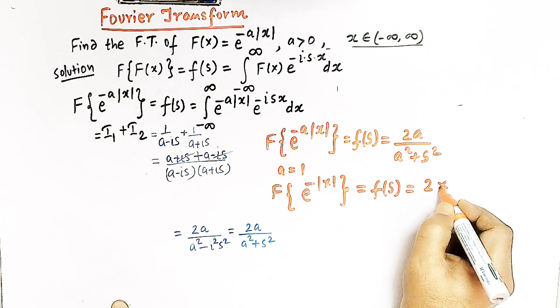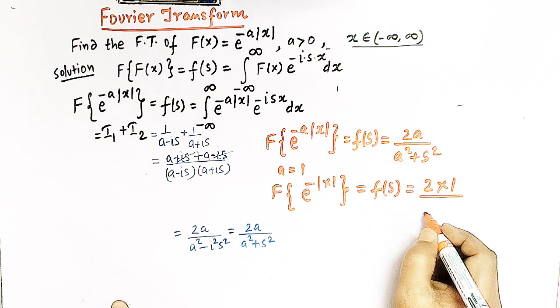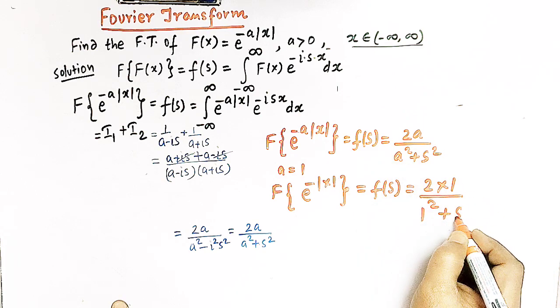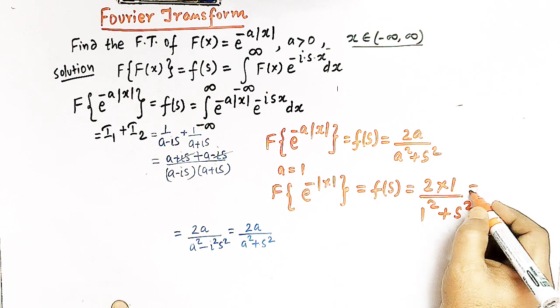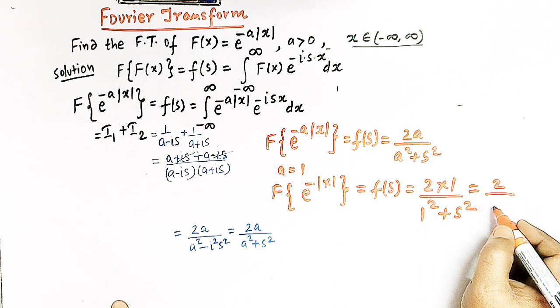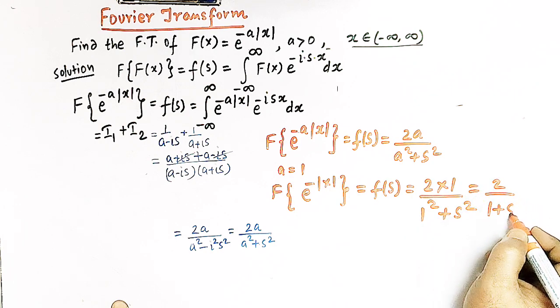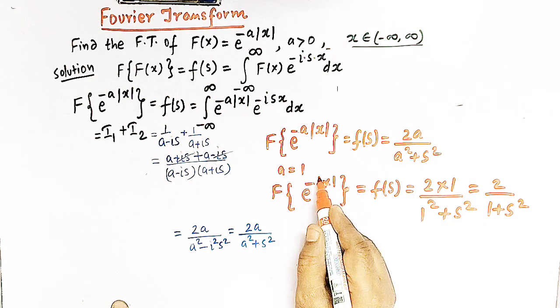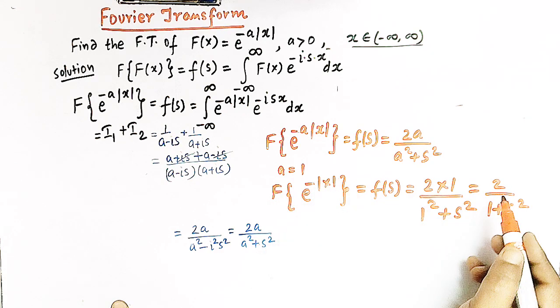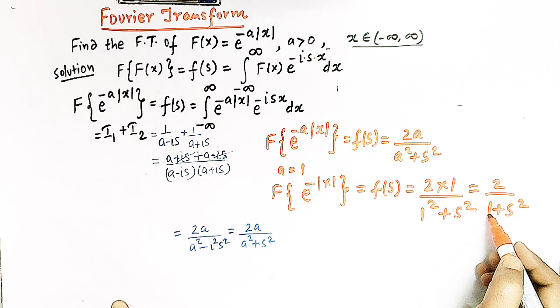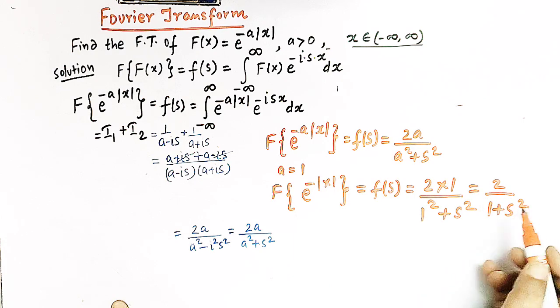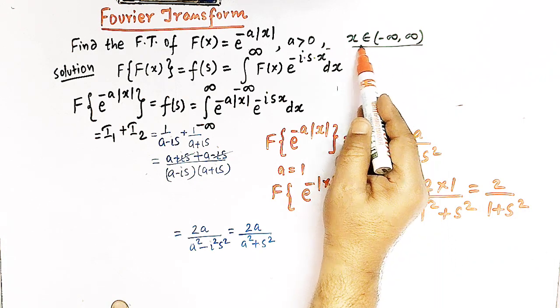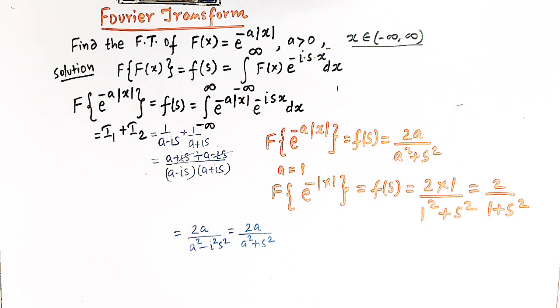So we have 2 times 1 over 1 square plus s square, that is simply 2 divided by 1 plus s square. So the Fourier transform of e raised to minus absolute value of x is given by 2 divided by 1 plus s square, where x belongs to this interval.